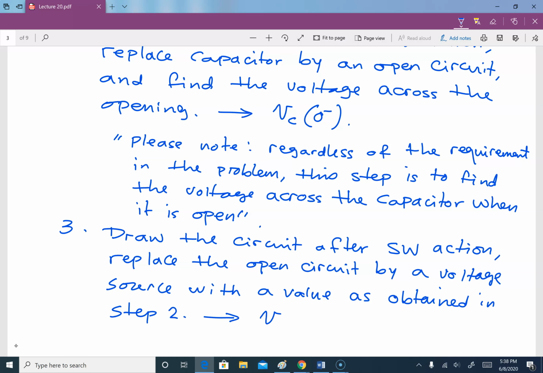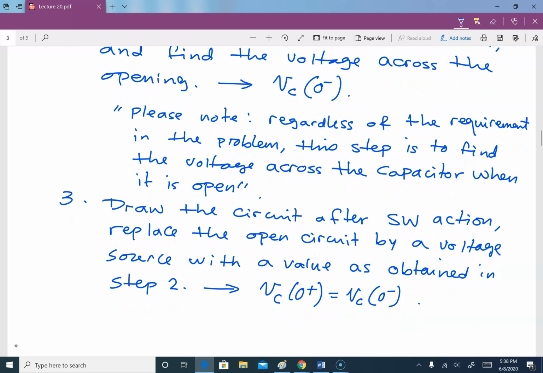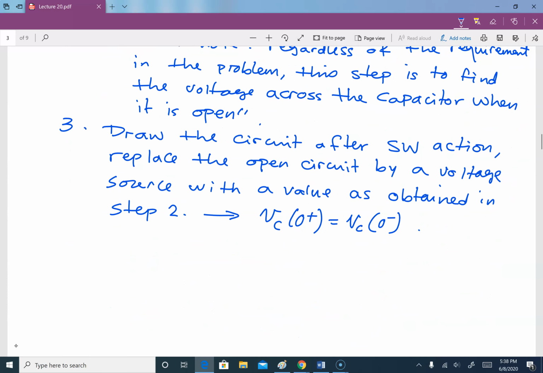That means our VC of 0 plus is equal to VC of 0 minus, because we have said that it will not change abruptly. And then after you do this, we need to find X of 0 plus.